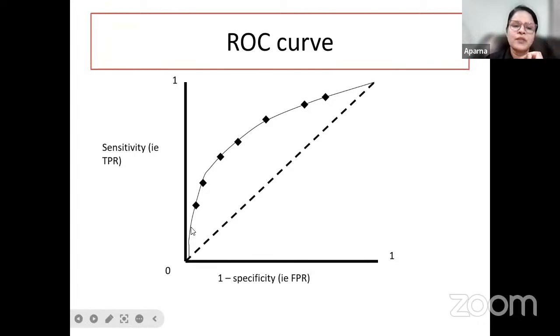If you use different cutoffs of the same test, you can imagine that the sensitivity and specificity would be different. Say, for example, if you have different blood glucose levels for diagnosing diabetes, we know that the lower the cutoff for glucose level for detection of diabetes, the higher is likely to be the sensitivity, whereas the specificity is likely to be lower.